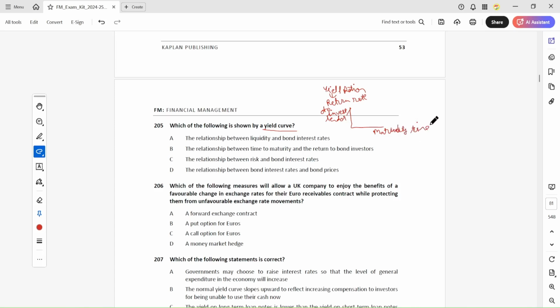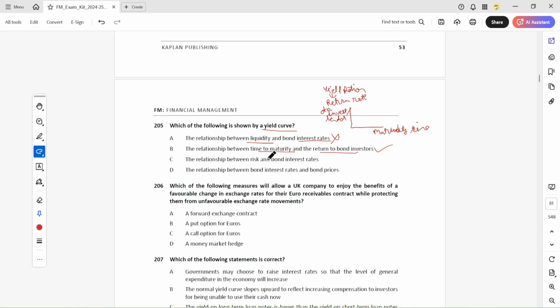So the relationship between liquidity and bond interest rate, no. It's not the bond interest rate, it is the return to the bondholder, right? The relationship between the time of maturity and the return to bond investors.